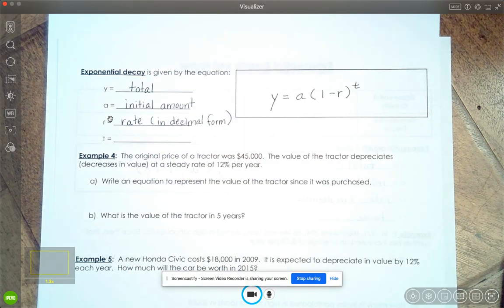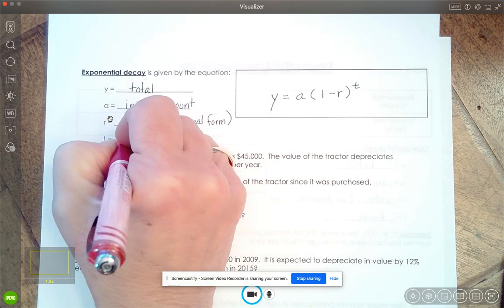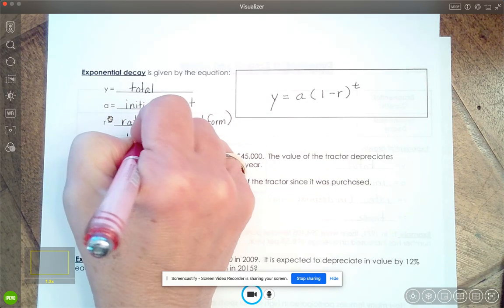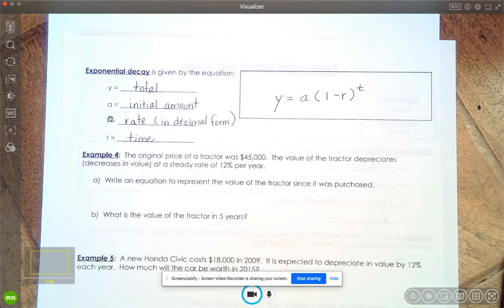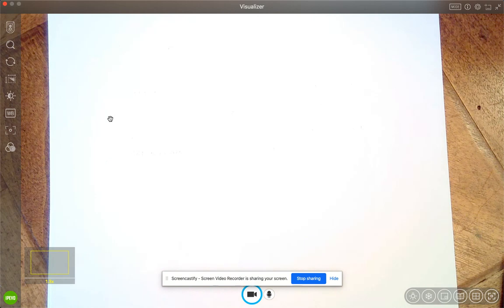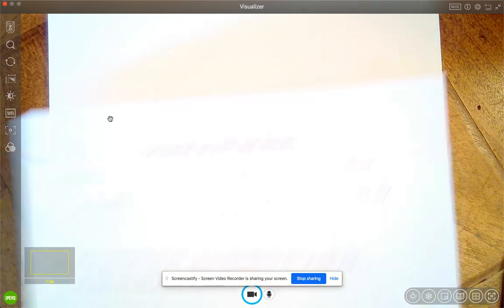If it says 17%, put in your calculator 17 divided by 100, and it will tell you 0.17. And T is my time. Okay? So they're examples that are on the sheet that you're going to complete for your classwork today, your homework today. But I do have some examples that I'm going to show you here.